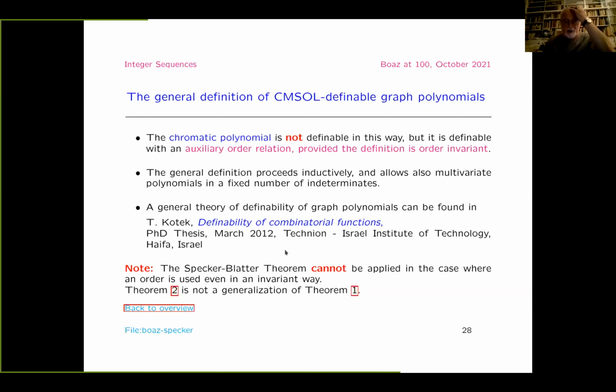I wrote a big chapter about this, but for the Tutte polynomial, you really need a bit more general framework. Now, the Specker-Blatter theorem cannot be applied in the case where an order is used, even in an invariant way. So theorem 2 is not a generalization of theorem 1.